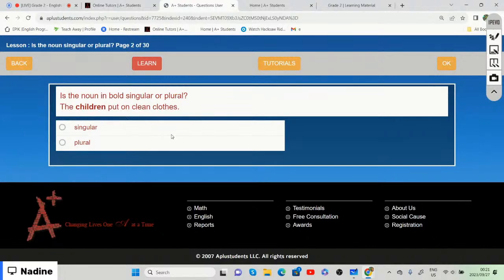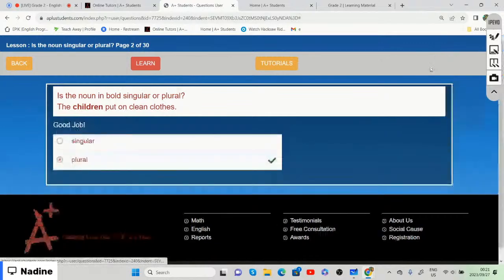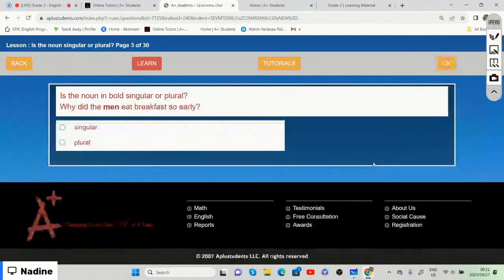All right, if we look at the word children, we can say children refers to more than one child, which means that this is plural, because it refers to more than one child.